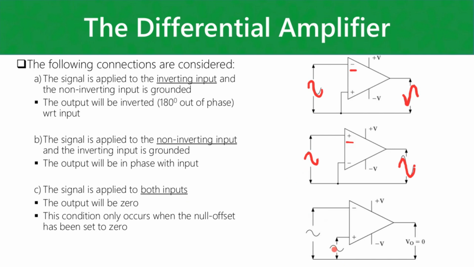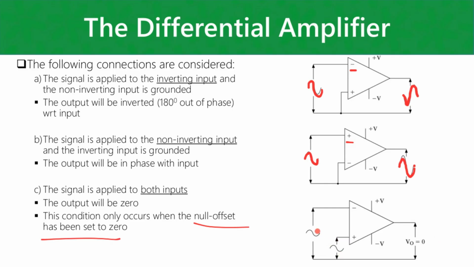If you put inputs on both the inverting and the non-inverting input terminals, what you're doing is amplifying the difference between the two signals. If these two signals are identical to one another, that is, if your null offset is set to 0, your output is going to be 0, because you're taking the difference between these two signals and then amplifying it.